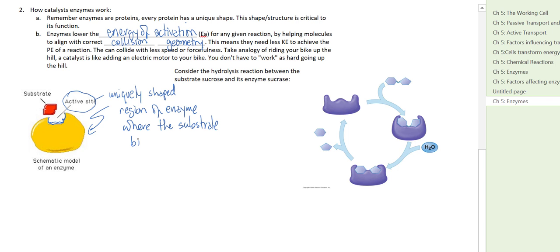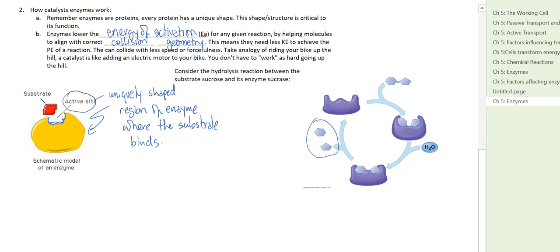Okay, and so sometimes the substrate might be just one molecule. And when the molecule binds with the enzyme, it forces some sort of conformational change to break the substrate apart to produce products.